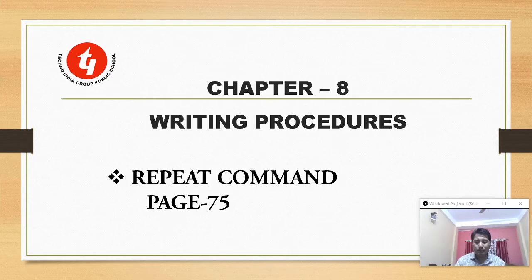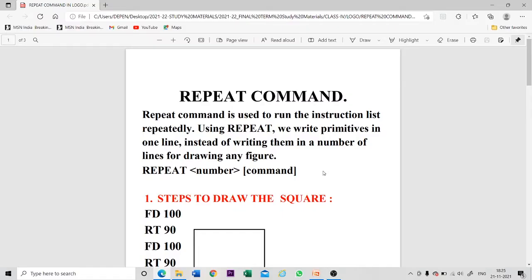So let us begin. So children, you see that if we want to draw a particular shape in logo, we need to write the command again and again, okay? So instead of writing the command again and again, what we can also do is we can write the command in a single line, okay? So we call this as a repeat command.